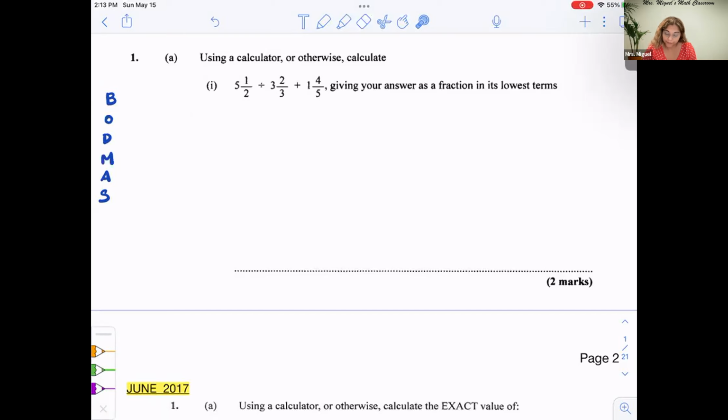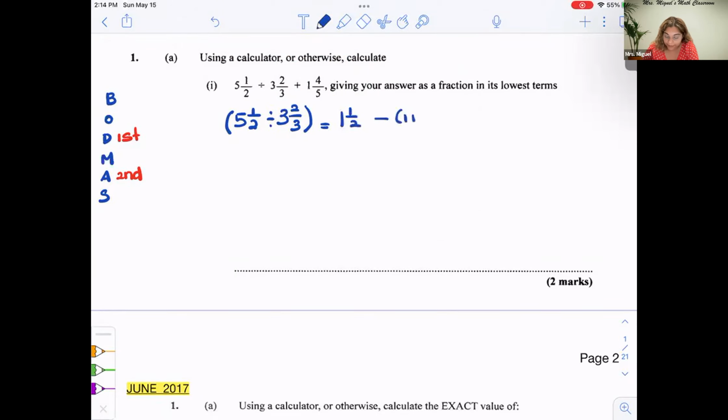All right, time's up. According to BODMAS, we are to work out the division first, and then we work the addition second. So I am going to work out 5.5 divided by 3 2/3. The question says to use your calculator, so I am going to do just that. 5.5 divided by 3 2/3 will give me 1.5.